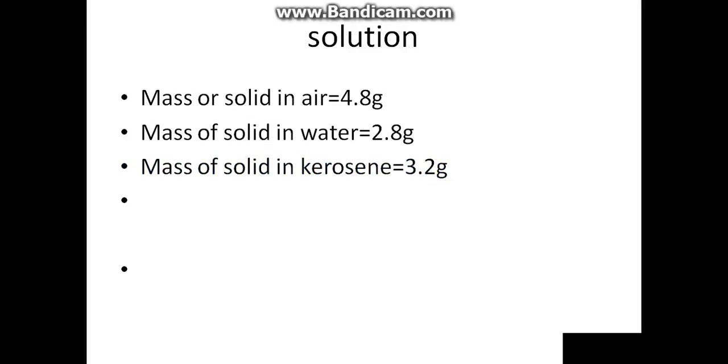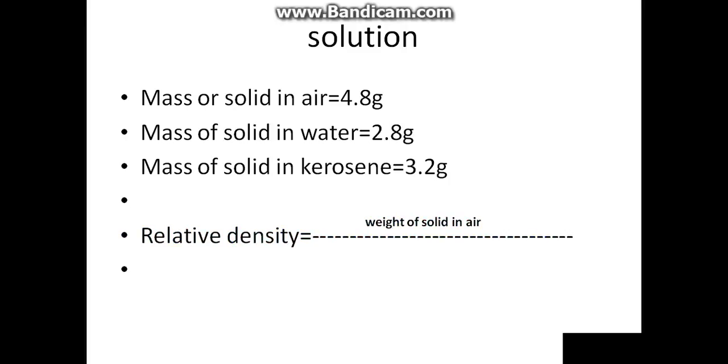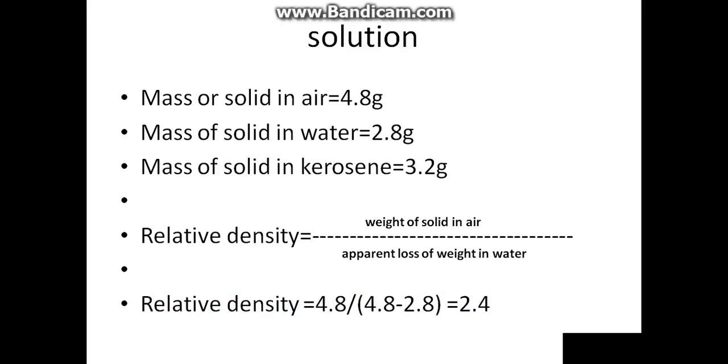Mass of solid in kerosene equal to 3.2 grams. Relative density equal to weight of solid in air over apparent loss of weight in water. Relative density is equal to 4.8 over 4.8 minus 2.8, which gives us our relative density as 2.4.